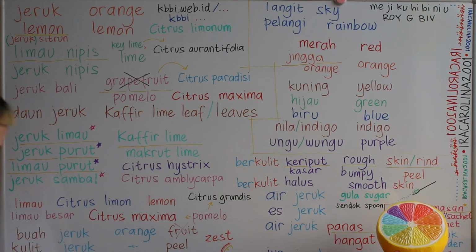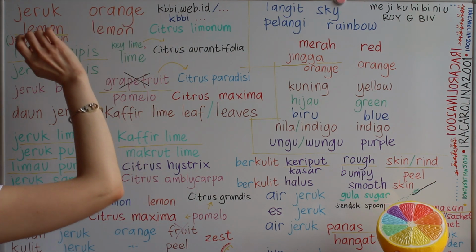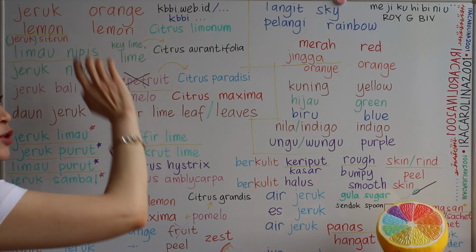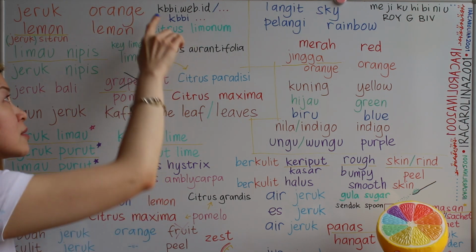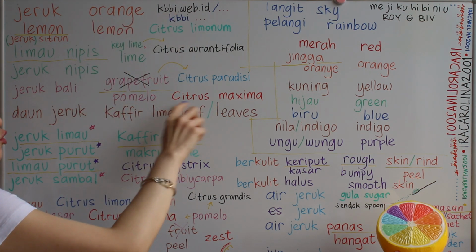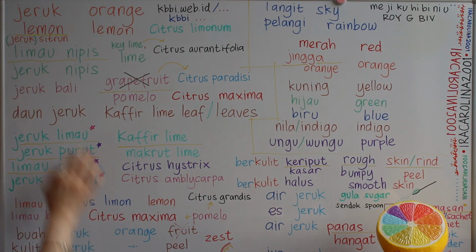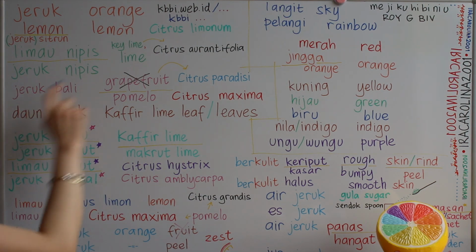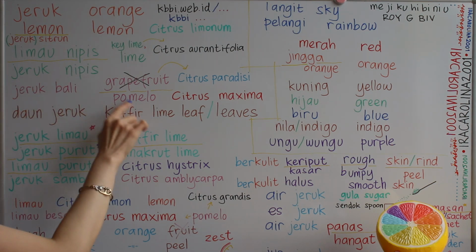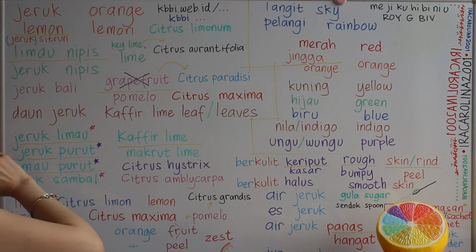Jeruk Bali, pomelo. In the Indonesian dictionary, or Great Dictionary of Indonesian Language, KBBI, it's Citrus maxima, jeruk Bali. The Citrus maxima, jeruk Bali, is pomelo.